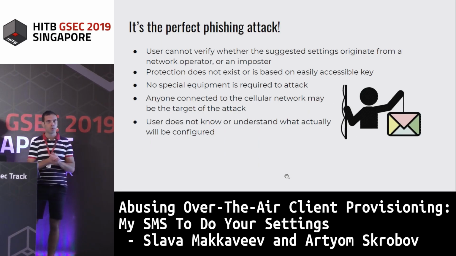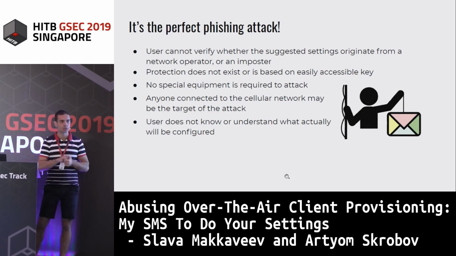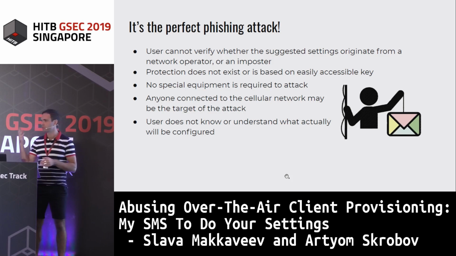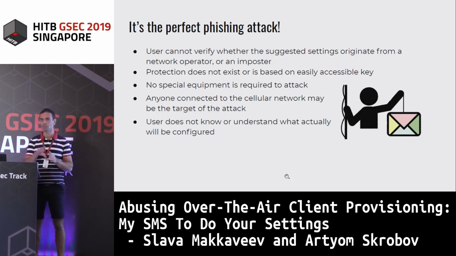So why is the client provisioning the perfect phishing attack? It can target any mobile phone starting from the very first Android versions and even pre-Android phones. And the Open Mobile Alliance specification provides no way to verify the origin of the client provisioning, apart from IMSI authentication, which took little time to overcome.